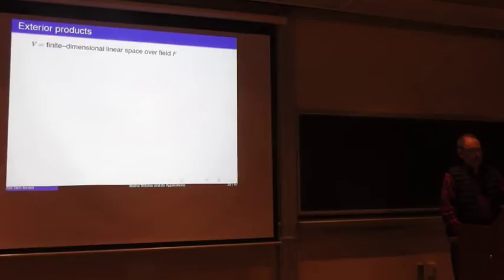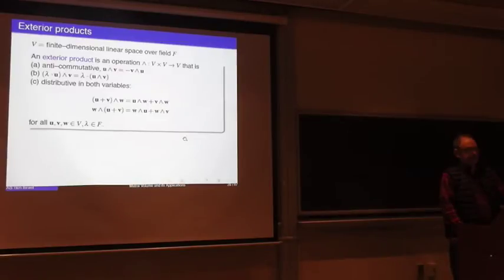Okay, now, to put this in perspective, we have to go to higher, we have to go to multilinear algebra. And the basic product there is the exterior or wedge product. And these are its properties.